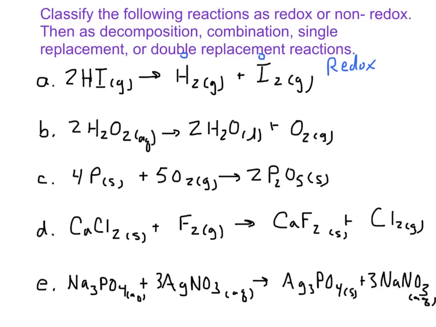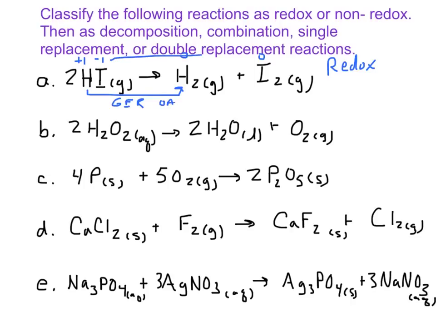It didn't ask me to identify which was oxidized and which was reduced, but we could do that very quickly. Remember, hydrogen, when it combines, is a +1, iodine is a -1. So going this way, hydrogen gains electrons and becomes more negative. So it's GR, which is reduction, and it's the OA.